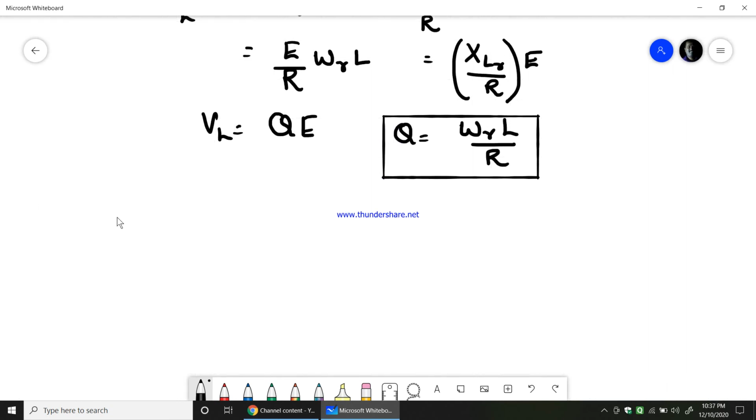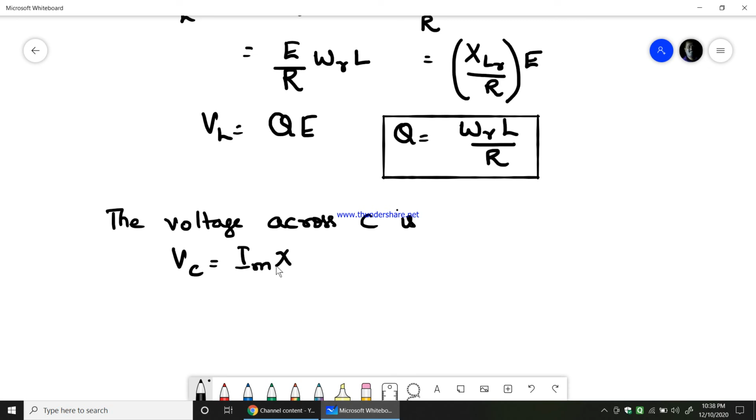Now in terms of the capacitance, we know that the voltage across the capacitor C is Vc, which would be equal to current Im multiplied by Xc, which is again equal to E by R into Xc, which is 1 over omega R C. This omega R is written because it is at resonance that we are considering.